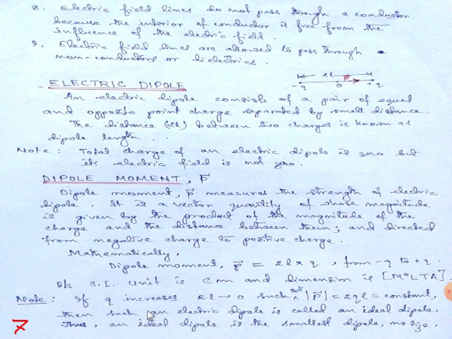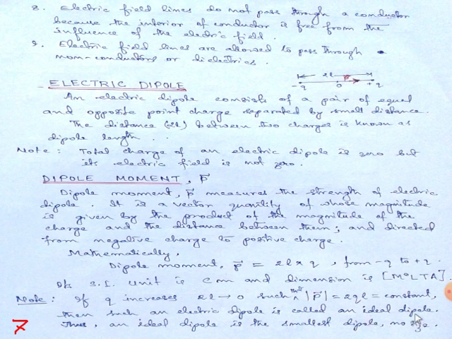Now if the magnitude of Q keeps on increasing, and the dipole length keeps on decreasing, that is the meaning here. If Q increases and 2L tends to 0, such that the magnitude of the dipole moment remains constant, then we call that situation an ideal dipole.